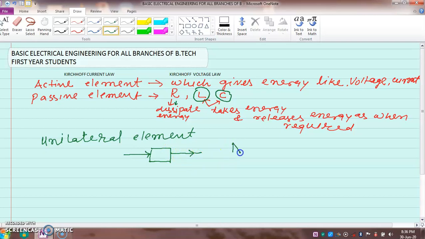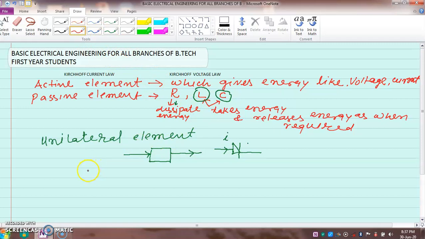This is the example of a unidirectional element. Example is the diode. A diode works only in case of forward bias, which we have also studied in 12th class. It never works in this direction. Current always flows from this side to this side. So this is called unidirectional.